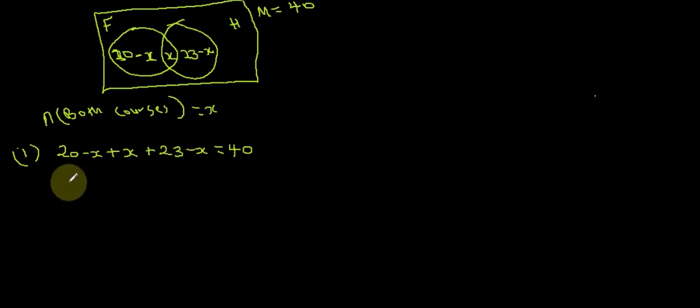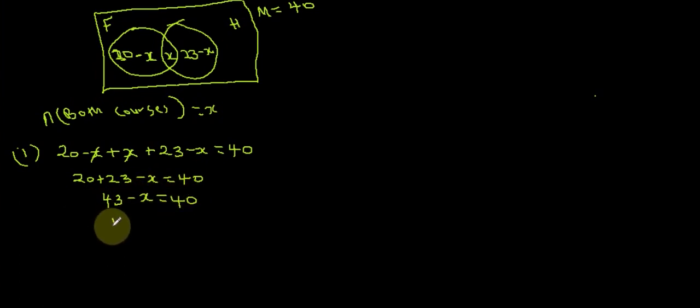When you add them, they should be complete. So here we collect like terms, and we have 20 plus 23 and minus X. 20 plus 23 is 43, minus X equals 40. Now by rearranging, we have 43 minus 40 equals X. That means our X is equal to 3.